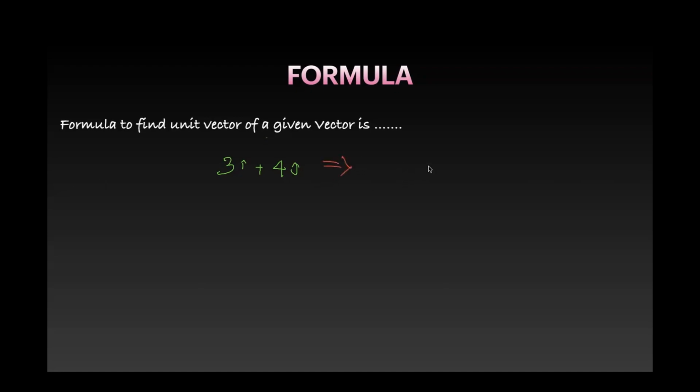What is this? Root of 3 square plus 4 square plus 0 square, which is nothing but root of 25, which is 5. Now, this magnitude is 5. So, this is obviously not a unit vector, but you want to convert it to a unit vector.